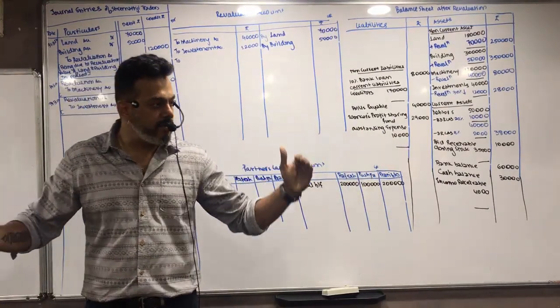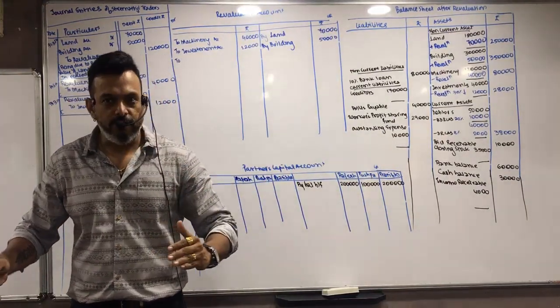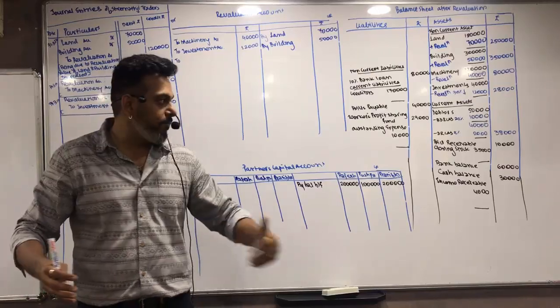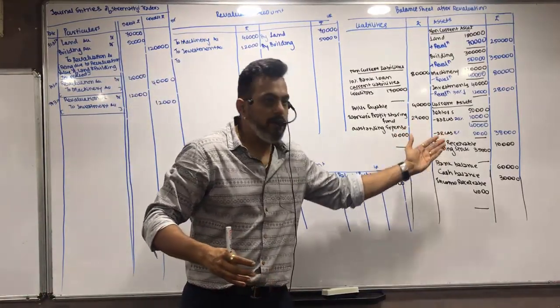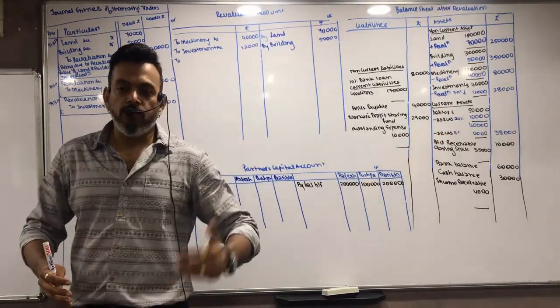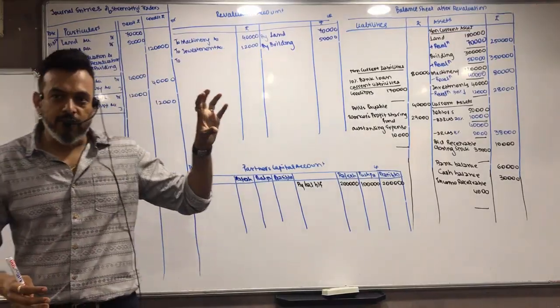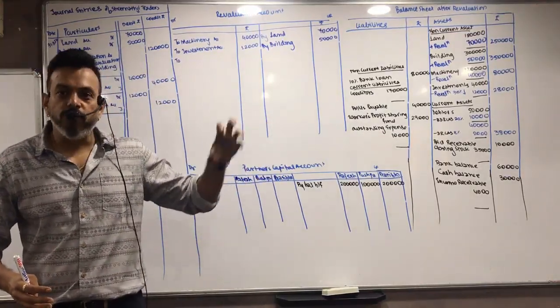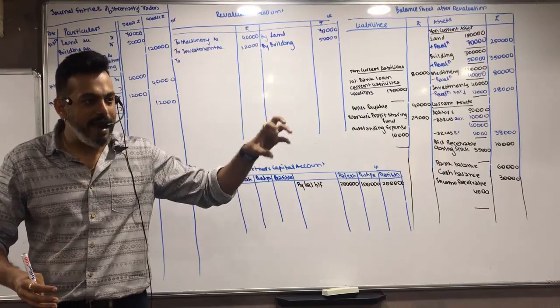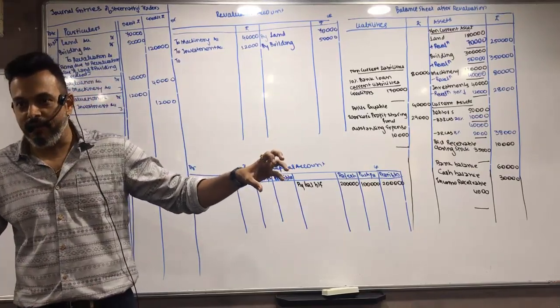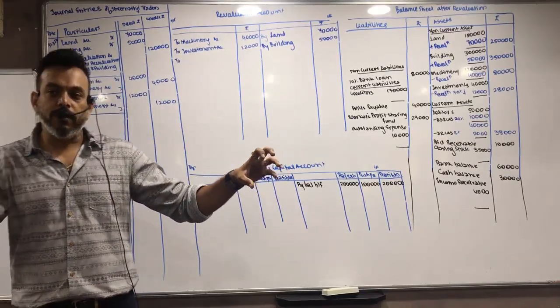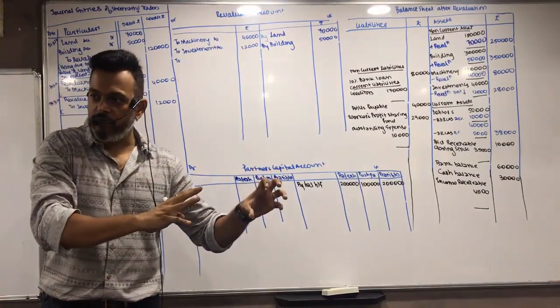We are not decreasing the value of the asset. When we create a provision like bad debt reserve or discount reserve, the value of the asset remains the same. If in future some losses come on that asset, we are providing that money separately to mitigate those losses.